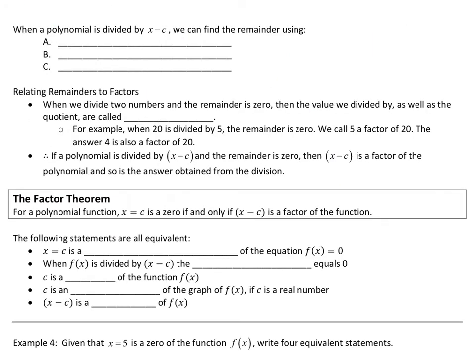So what this means for us is when a polynomial is divided by some factor that looks like this, x minus c or x plus c, we can find the remainder in three ways. We can find the remainder using long division. We can find the remainder using synthetic division.